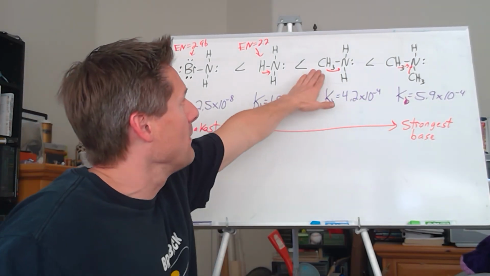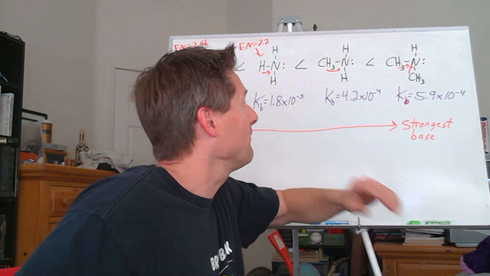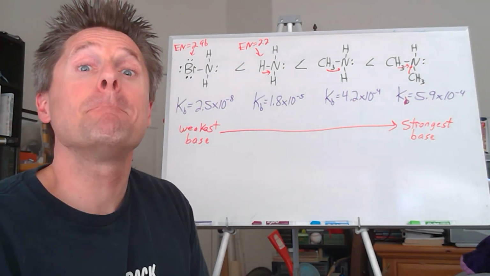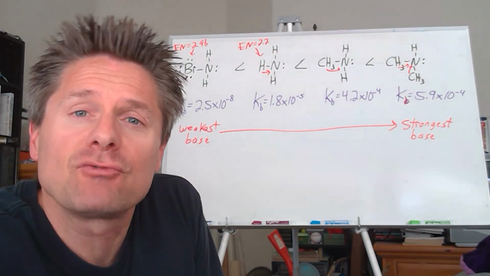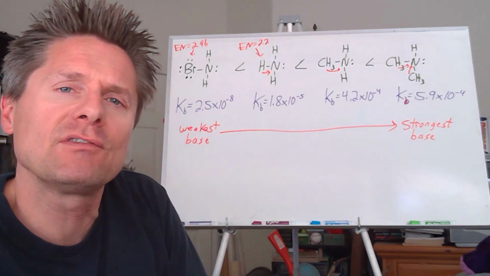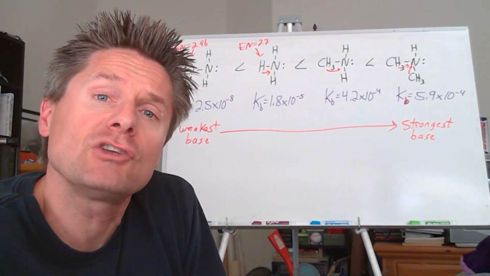So you can see with one methyl group, it goes to 4.2 times 10⁻⁴. With two methyl groups, it goes to 5.9 times 10⁻⁴. Not a huge difference, but a measurable increase in the base strength. They're all weak bases, but you can actually see the differences between them. So you can see those Ka and Kb values on the tables are different because of those structures.